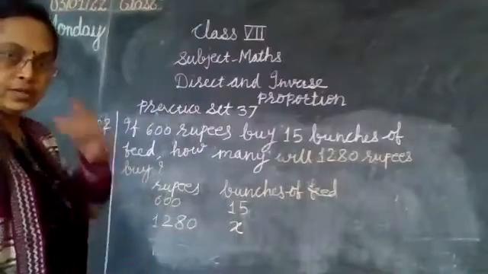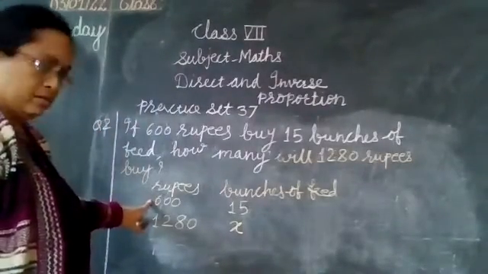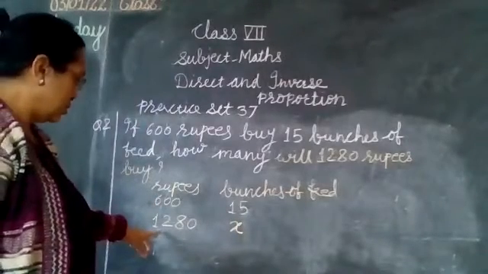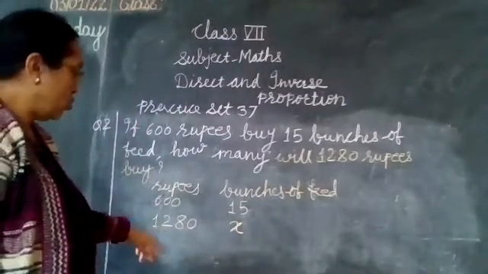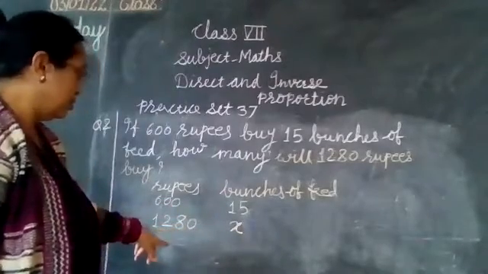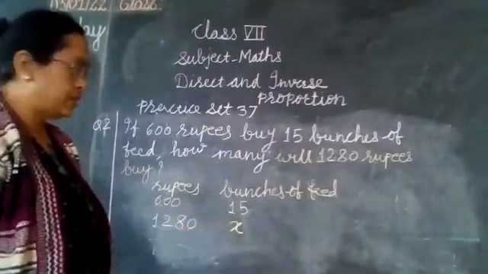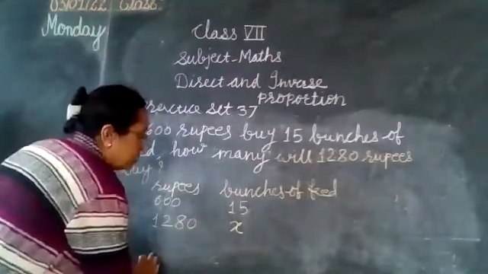Now here again we will check which proportion it is. Here 600 means fewer rupees and this is 1280, it is increased. According to that, surely the number of bunches will increase. So it is a direct proportion. So now we will write the ratio.